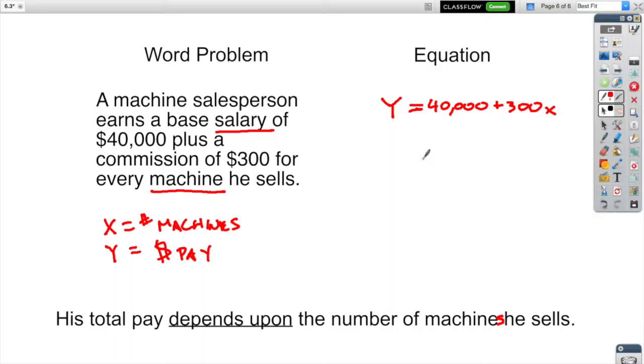Now if one year he sells 10 machines, I know to plug a 10 in right here. 300 times 10 is 3,000, plus the $40,000 base pay, and then that'll calculate his total pay. So that's a little bit more about word problems to equations and the idea of independent versus dependent variables.